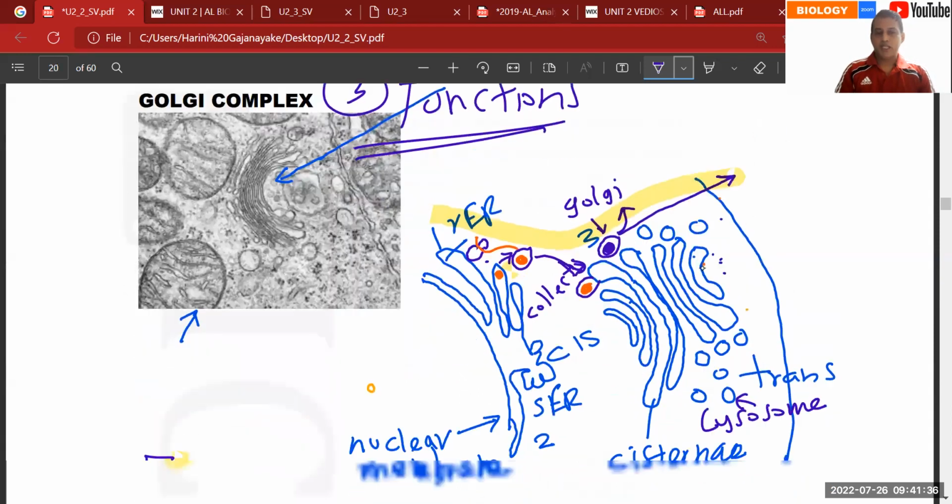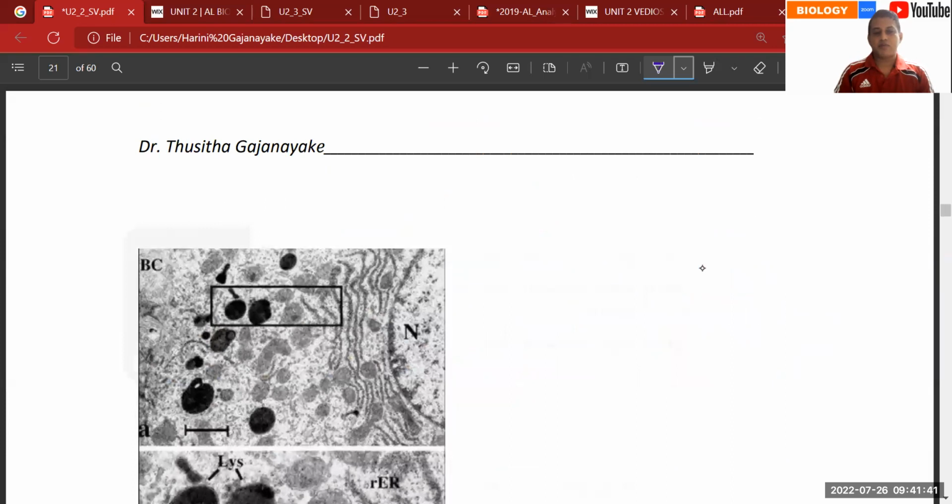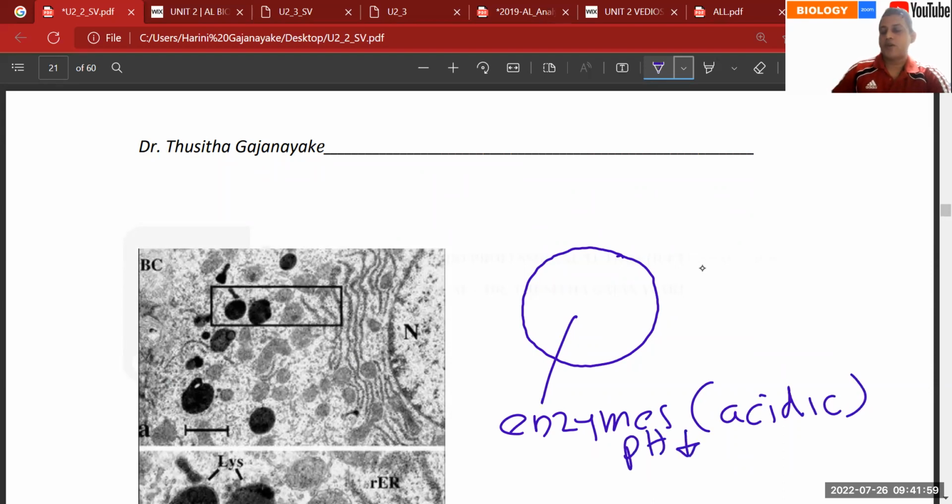But if you see lysosomes many times, they don't have a very specific shape. They are just a membrane-bound organelle with enzymes. The inside is more acidic, which means the pH is low. It has a slightly low pH, acidic, and it has a collection of enzymes. We haven't learned enzymes, but everybody knows the function of enzymes.